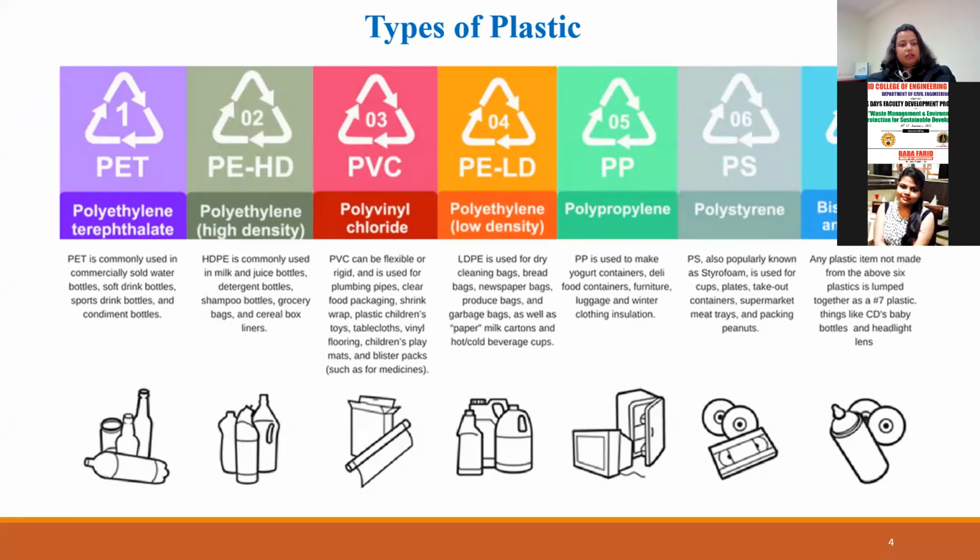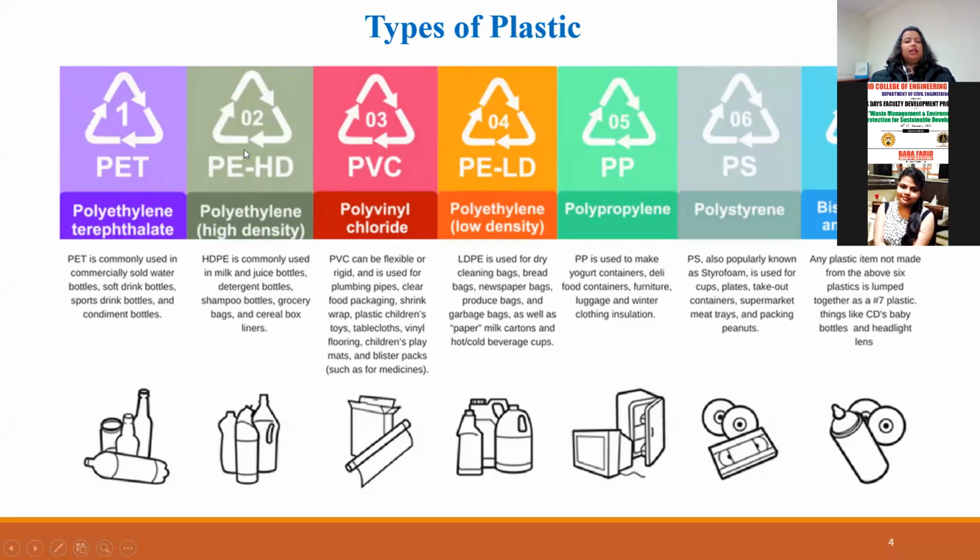So we have PET, polyethylene terephthalate, which we use in water bottles like Bisleri and Aquafina, cool drink bottles, and sports drink bottles. All these bottles use PET. Also, there are a lot of PET products used for storage. Like the different boxes and containers in your kitchen, which are PET as well.